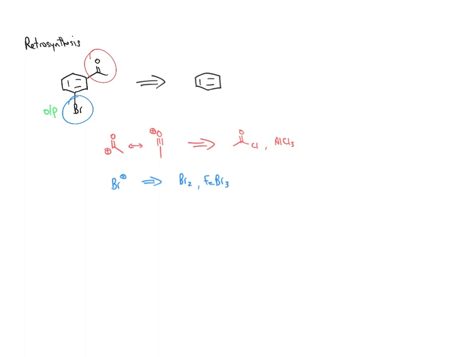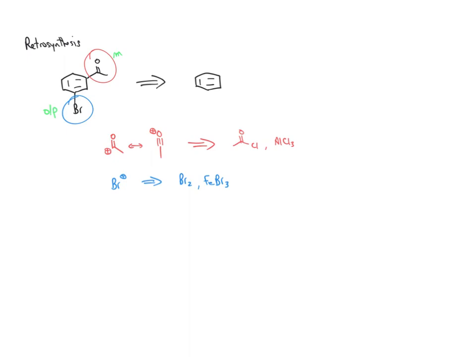We know that the carbonyl is a deactivator, and so by definition it's a meta-director. And so you know that these two groups are meta to one another, and so you know that you need to put the carbonyl group on first. If you put the bromine on first, it would place the carbonyl group at the ortho positions or even the para position to that bromine, and that would be wrong.